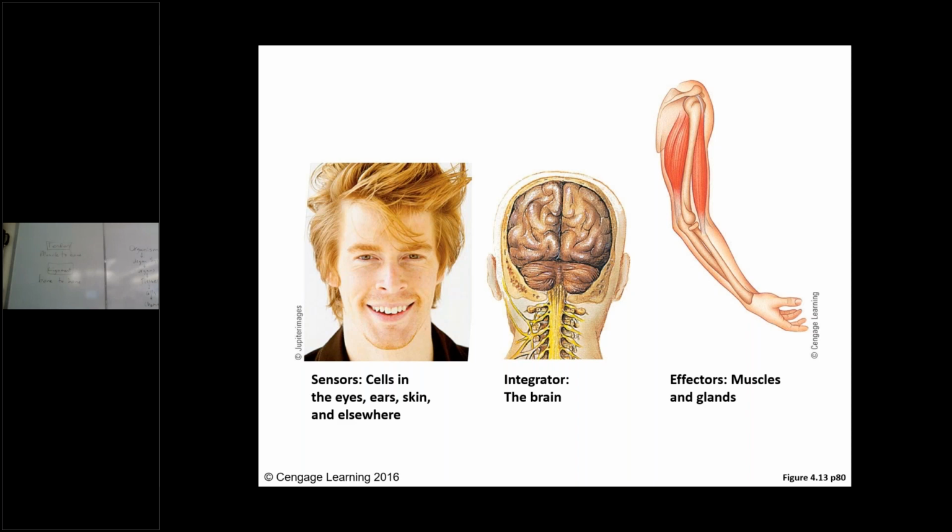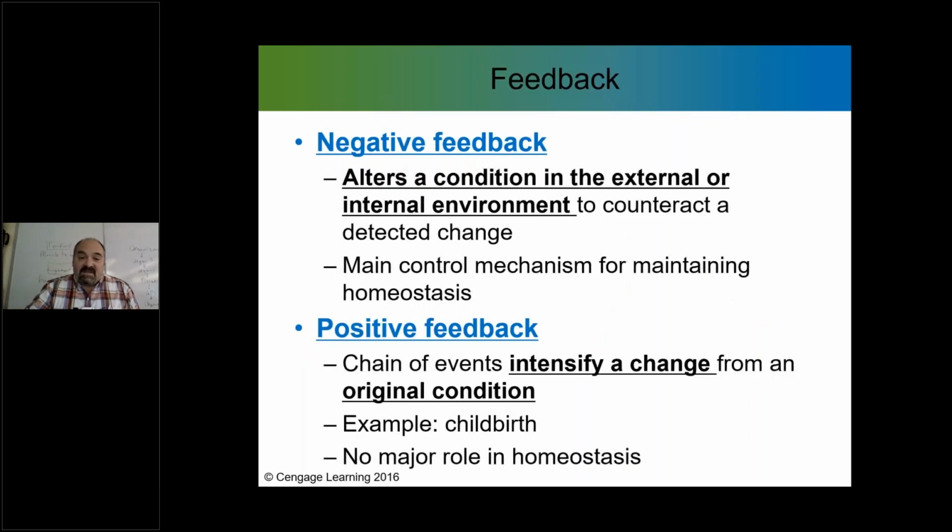The brain will then respond to the input that it's receiving and create some type of output to the effectors, to the muscles and the glands, to create some type of change to respond to whatever input the brain is receiving, to maintain this homeostasis.